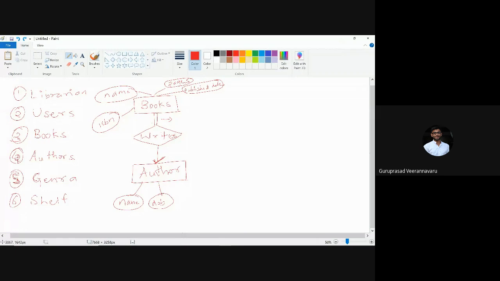Okay. So then we have users. So what do users do in a library? Users borrow.